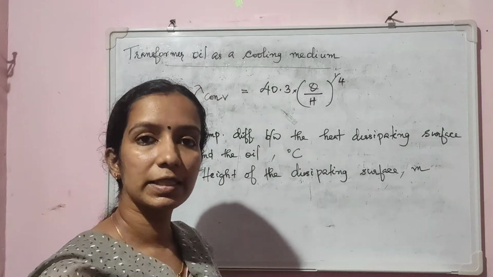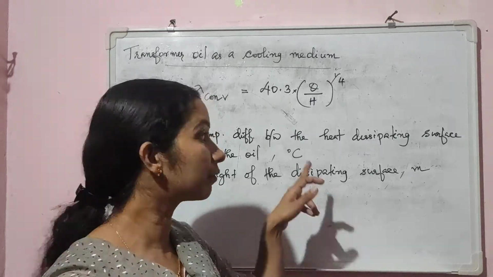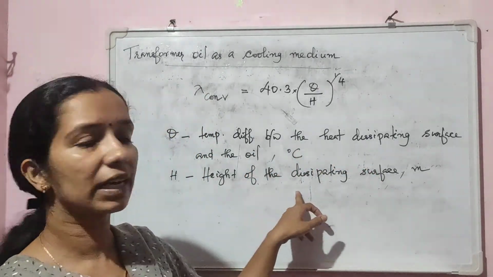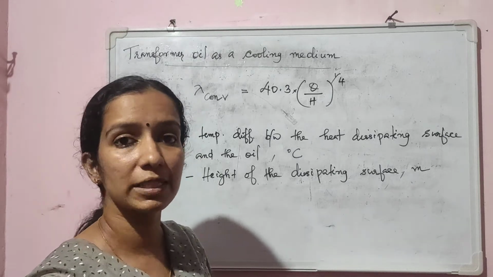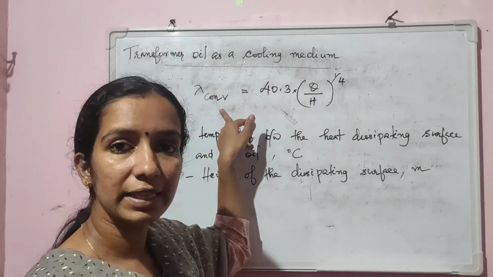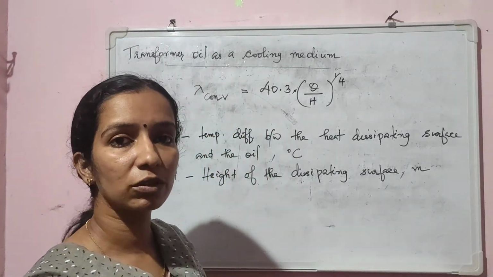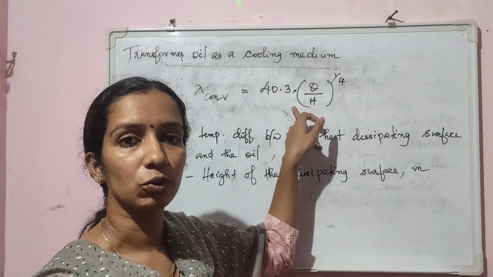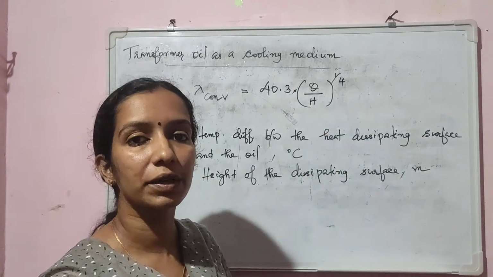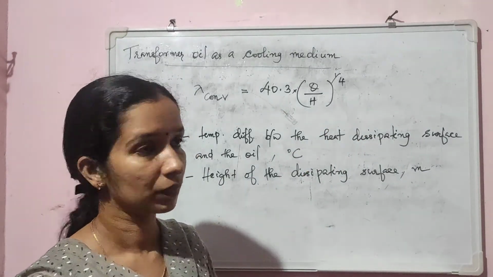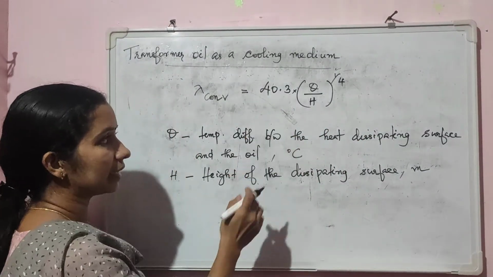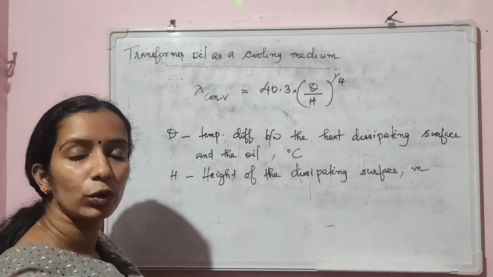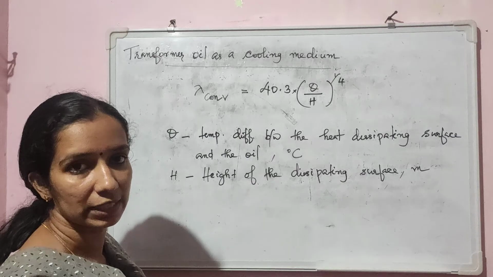So if theta is the temperature of the dissipating surface with respect to the transformer oil, and h is the height of that dissipating surface, then the specific heat dissipation due to convection of transformer oil equals 40.3 into (theta by h) the whole raised to 1 by 4. Usually the working temperature of transformer oil is about 50 to 60 degrees Celsius.